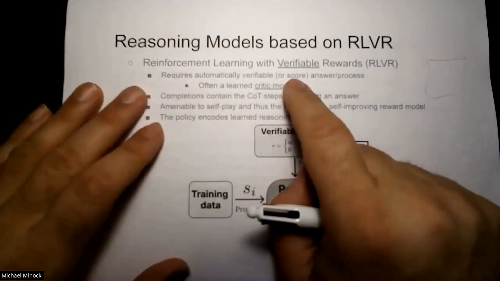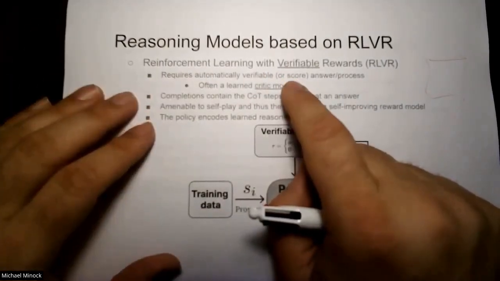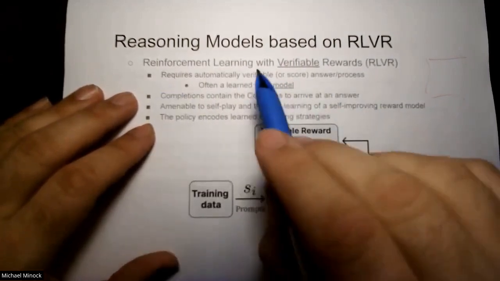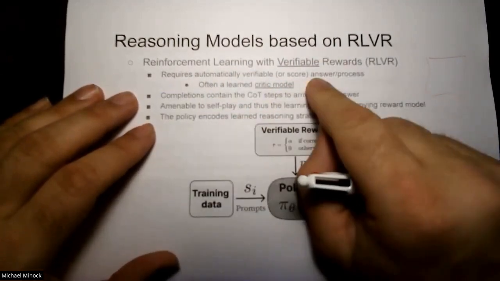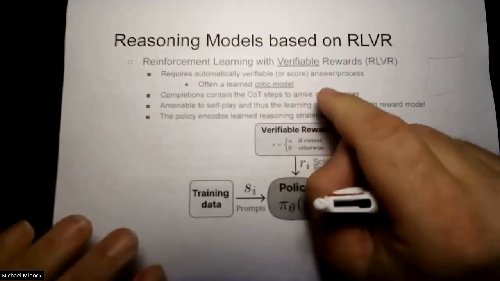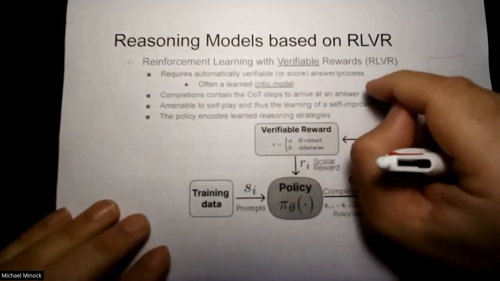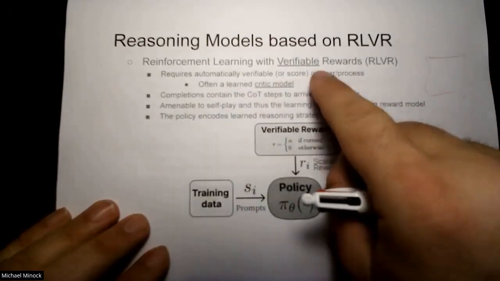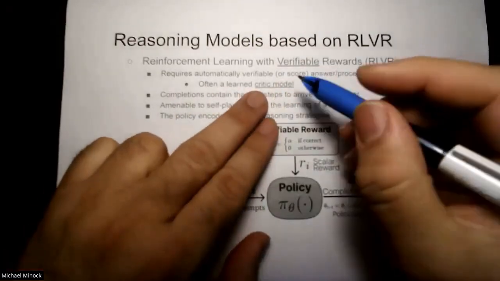But again, we kind of wave our hands and we can score what's coming out of these things. So anyways, if you can take either the answer that plops out at the very end or the process, the step-by-step, we can actually learn a critic model.